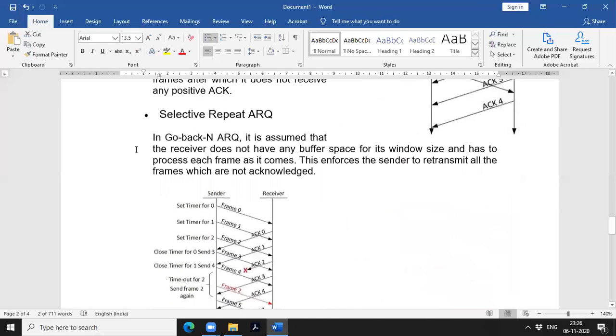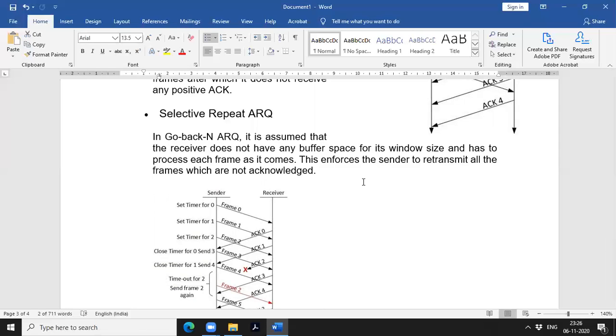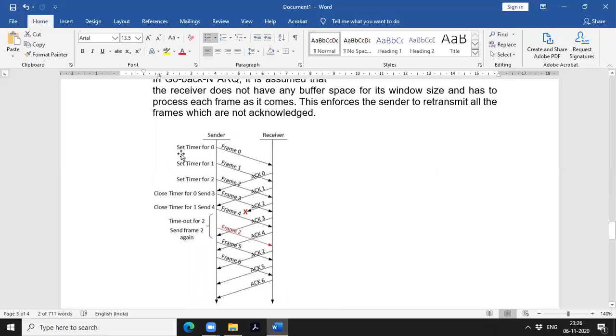So here, selective repeat ARQ. For this reason we are moving to a new concept called selective repeat ARQ. In selective repeat ARQ, the same mechanism we used in Go-Back-N ARQ will be used.